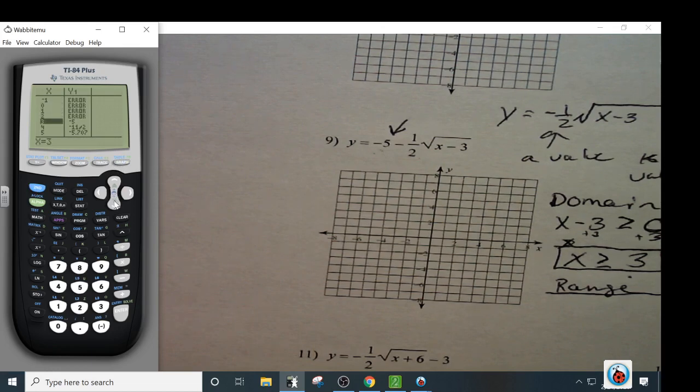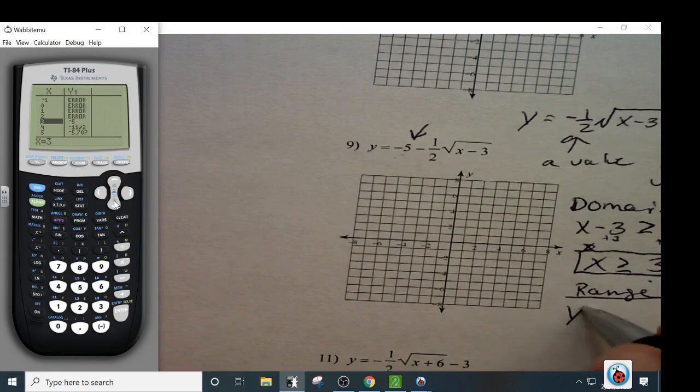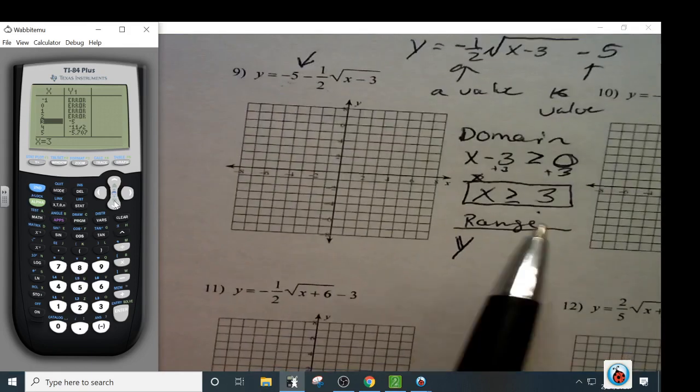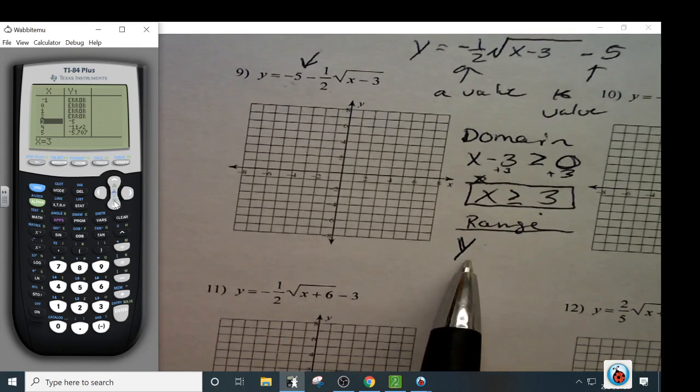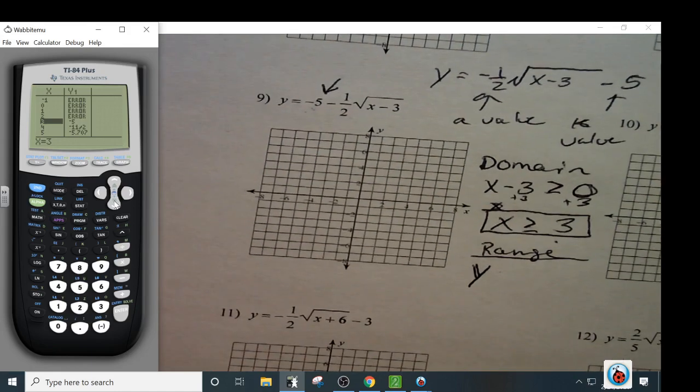Now, guys, what is my range going to be? Now, think about this. We know it's going to be y values because range deals with y values. Now, however, is my range going to be y values greater than -5 or y values less than -5? Well, look at it.